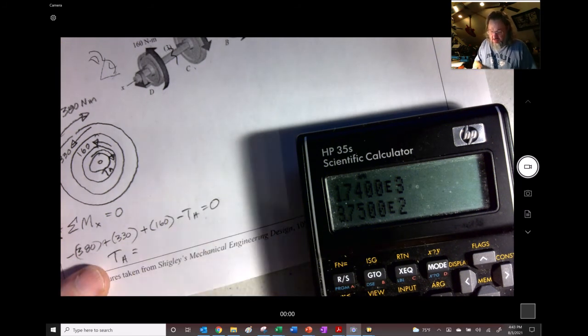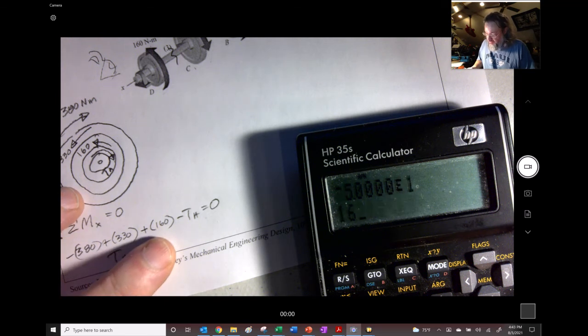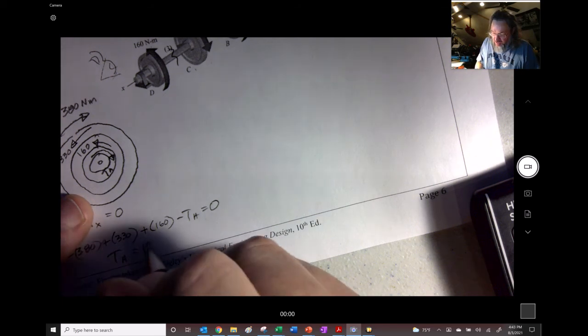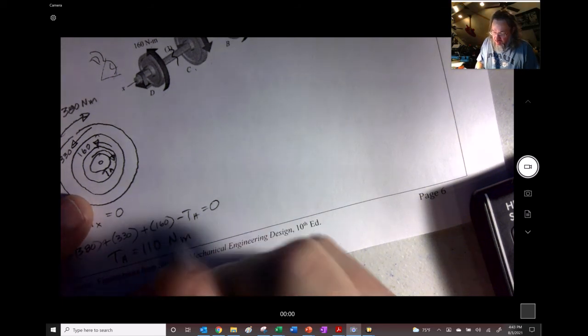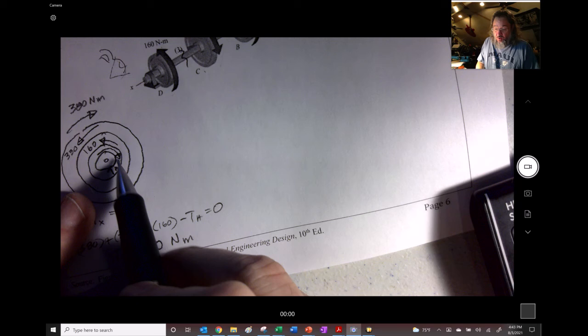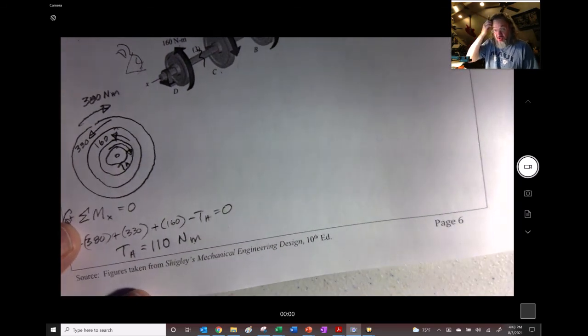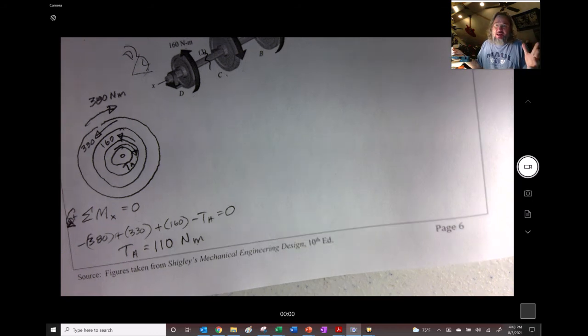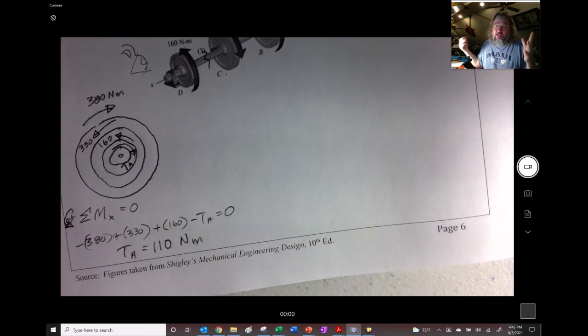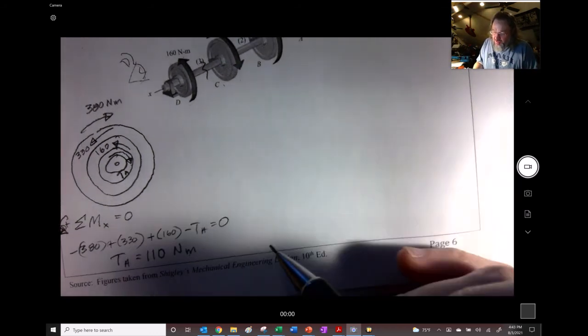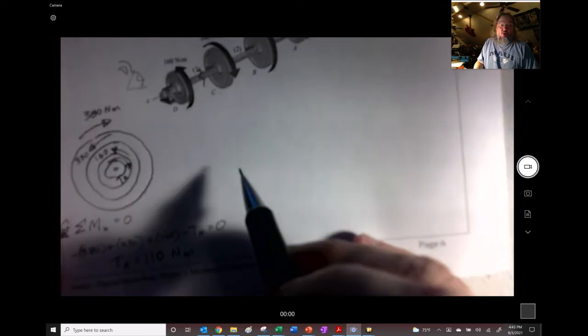So I'm going to take negative 380, and I go 330 and add it, and 160 and add it, and I get 110. And I get a positive value, which tells me the guessed direction was correct, right? That's one way that you can approach it. You guess a direction. If you get a positive answer, you guessed correctly.